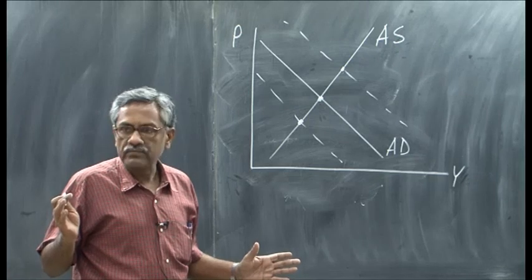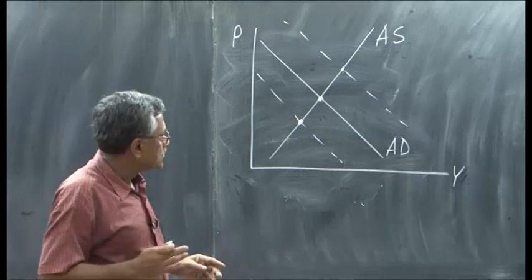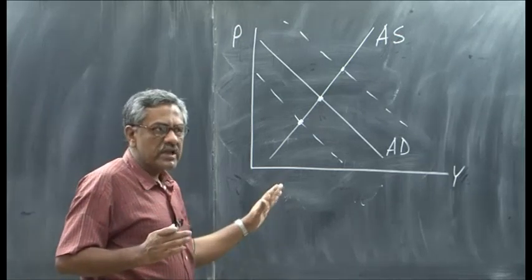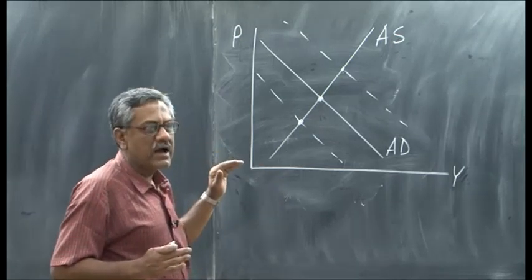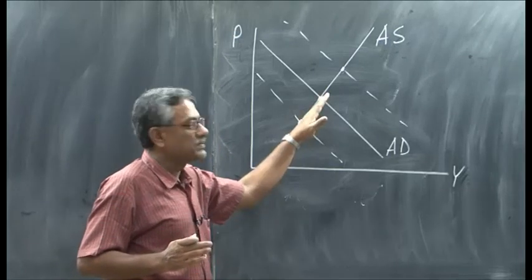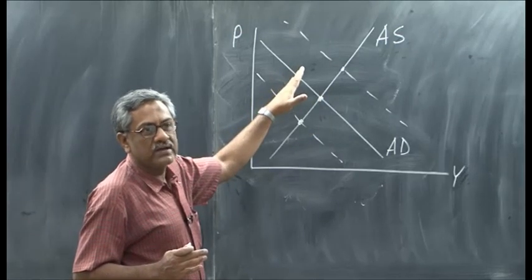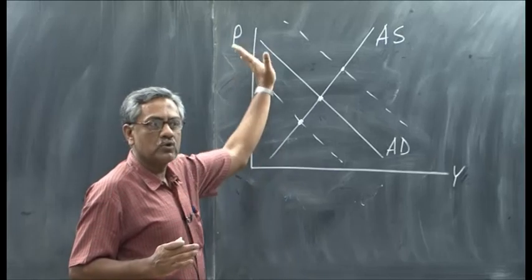There is something else going on. And in very simple words, if output is shrinking and prices are increasing, you have shocks in the economy emerging from the supply side. Because if you shift the supply, output would shrink and prices would go up.